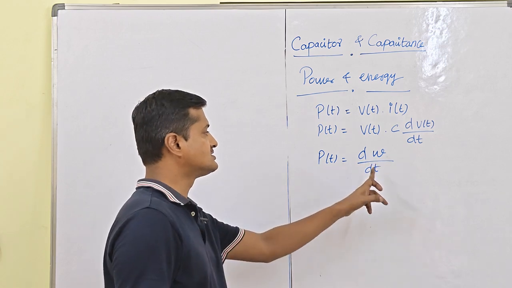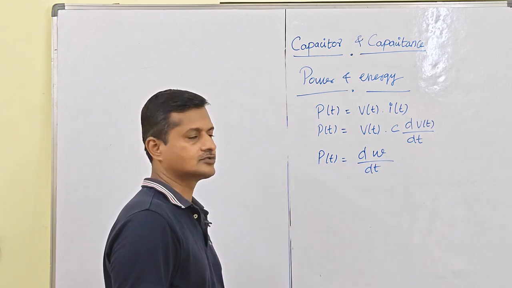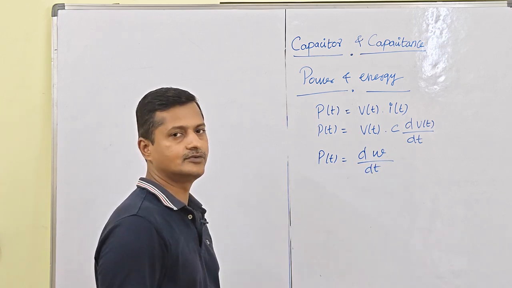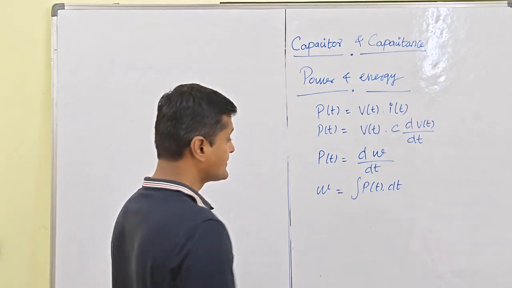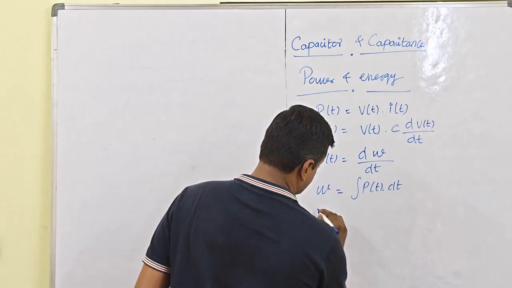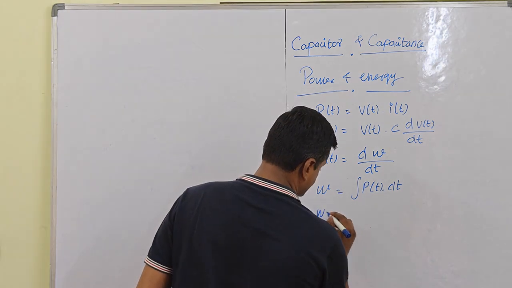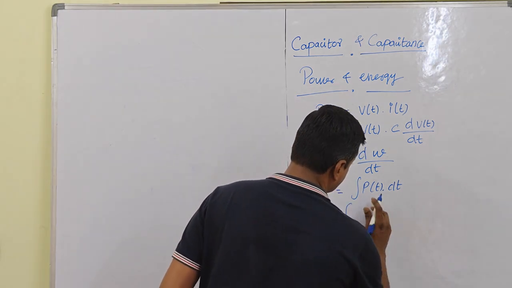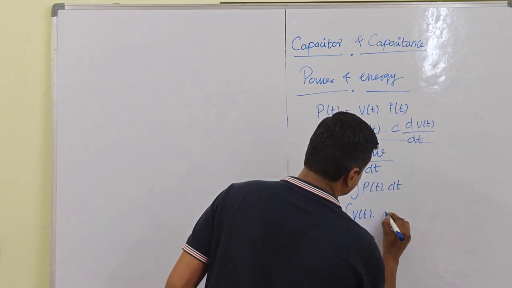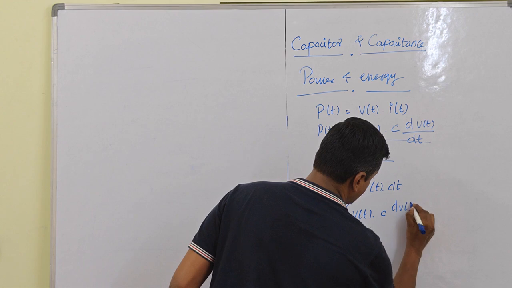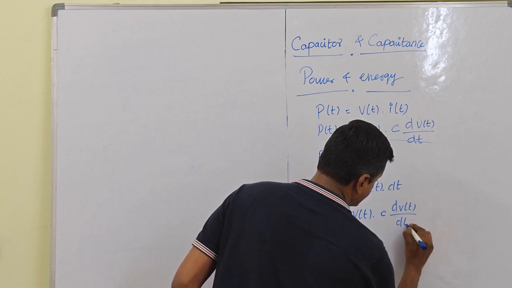Energy with respect to time is what we call P of t. So P of t equals dW by dt, and so energy W equals the integral of P of t into dt. P of t's equation is V of t into C into dV of t divided by dt.